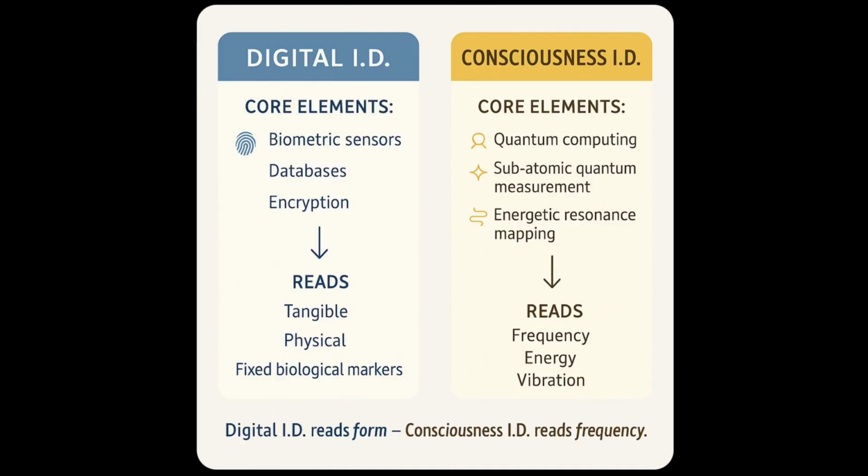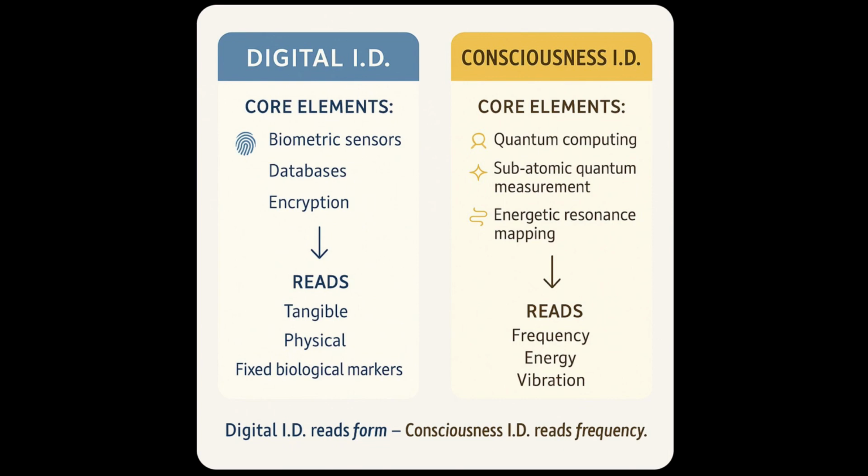So in the second diagram, it shows us again the difference between digital ID and consciousness ID. The core elements are, under digital ID, it uses biometric sensors, databases, and encryption, and it reads our tangible, physical, and fixed biological markers.